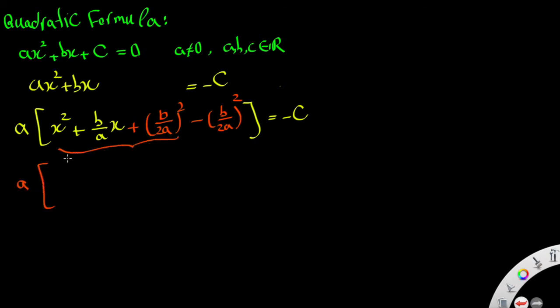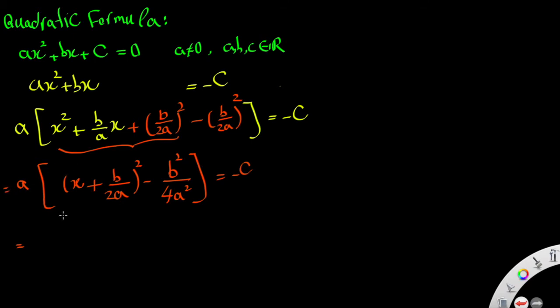Now these three terms together will make the first identity. I write in the identity form a times x plus b over 2a to the power of 2, minus b over 2a squared. I expand it, it will be b squared over 4a squared, is equal to negative c.